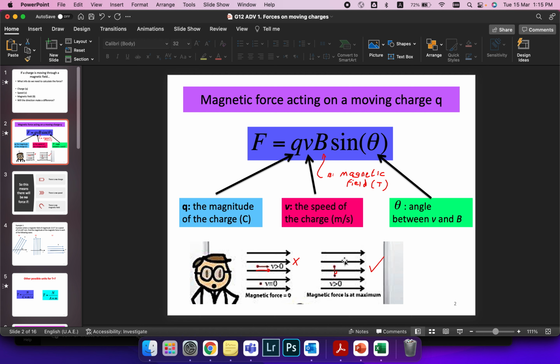Changing that to get B, I'll take these two to the other side: B equals F over QV. I'll divide both sides by Q and V. And the unit for F we know is newtons, the unit for Q is coulombs, and the unit of V is meters per second. Okay, this comes from the other formula. We'll deal with that when we come across that one.